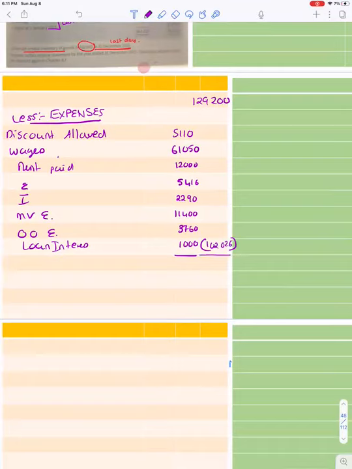When I subtract this from 129,200, I would arrive at a figure of 27,174. This is nothing but my profit for the year.